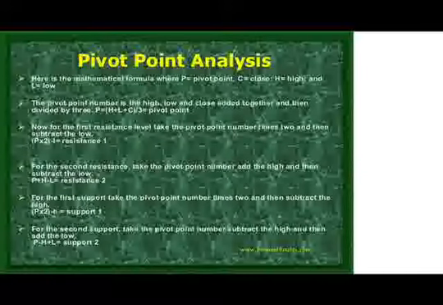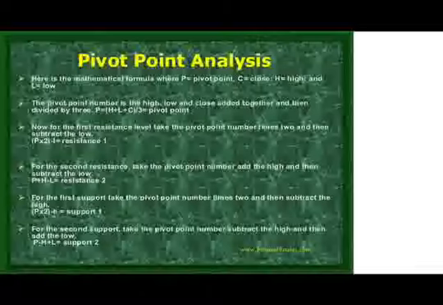If you're not familiar, on this slide I'm going to rattle off the math formulas so that you can see that there really is a math formula. The pivot point, what we call typical price, is derived by taking the high, low, and close divided by 3. Then there are 2 resistance targets and 2 support targets.